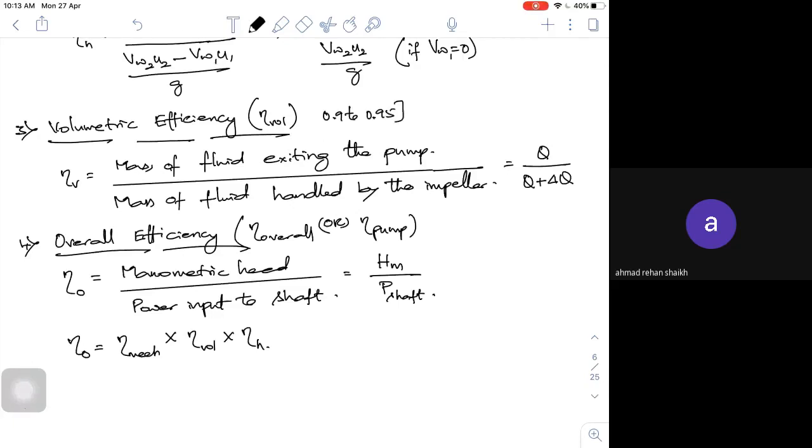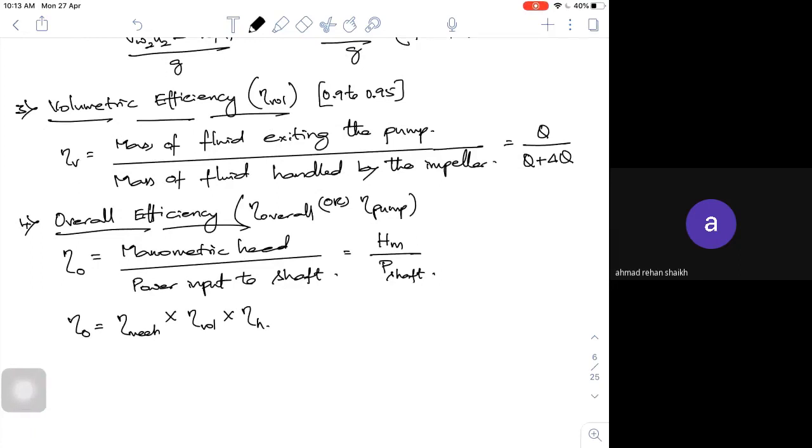If I multiply everything, your overall efficiency will be in and around 60 to 70%. That overall efficiency clearly shows the efficiency under which your pump is working.